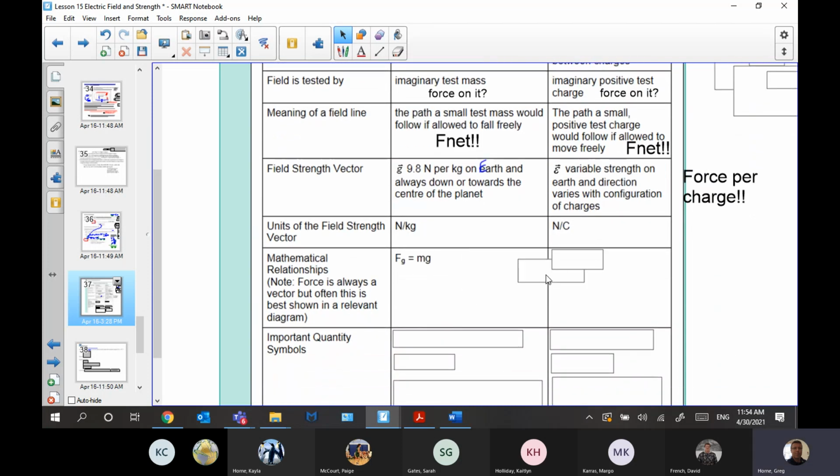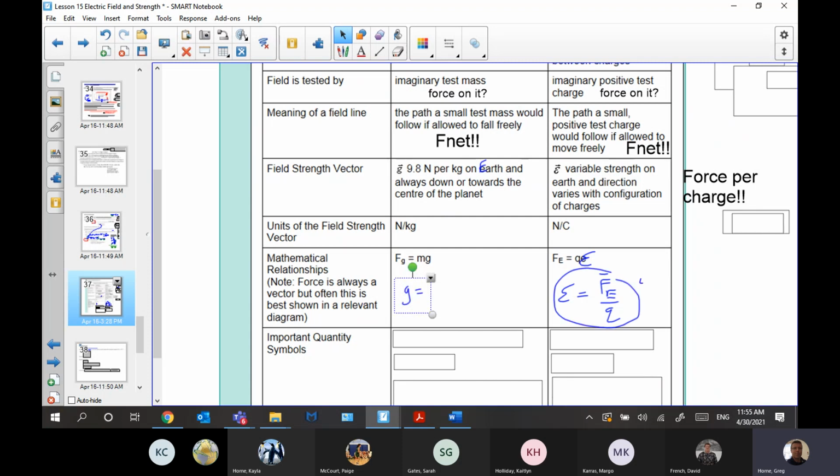Mathematical relationships, obviously, F equals mg. In this one, this should be a curly E here. Just looking at it, I was like, what the heck are they doing? But that should be a curly E. We know curly E equals Fe per Q, right? And then here it's along the same lines as saying G equals. It feels better to me to describe this one, to use that one, right?